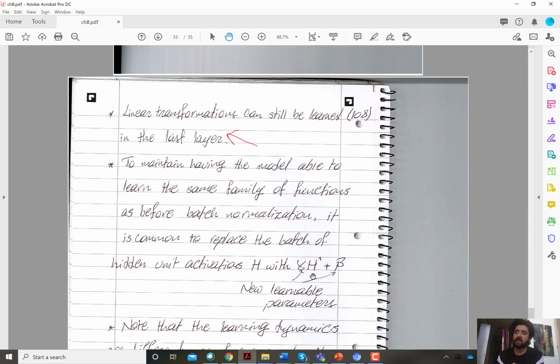Gamma and beta are new learnable parameters, and you have a gamma and beta per layer. So for every layer you add these new learnable parameters. Therefore, you maintain the expressive power of the network, because in every layer you can learn linear transformations.